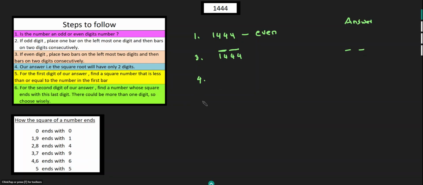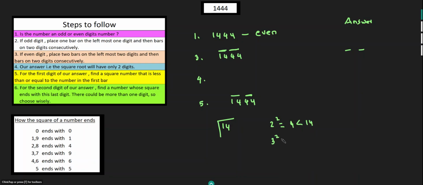Now let's do step 5. In step 5, we are going to find the first digit of our answer. So let's take the number as we did from step 3, after having placed the bars. Here we have the first bar on 14, which means we have to find a perfect square number which is less than or equal to 14. We know that 2 square is 4, which is less than 14.